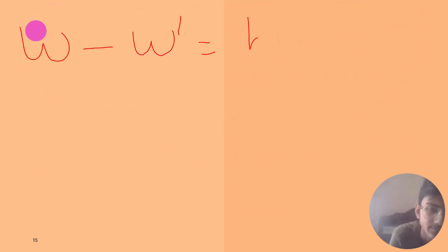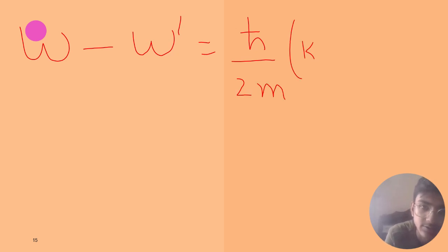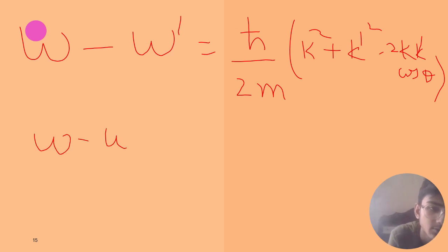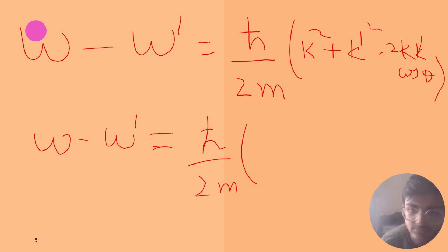So just have a look. ω − ω' is ħ by 2m (k² + k'² − 2kk' cos θ). Now here you have to consider k and k' as scalars, we'll consider their magnitude only, and use the simple algebraic formula, a plus b whole square is a square plus 2ab plus b square.